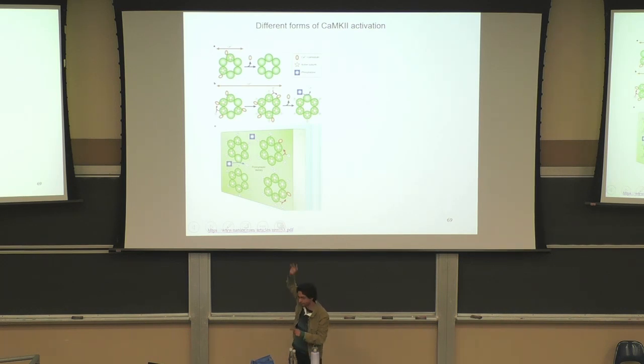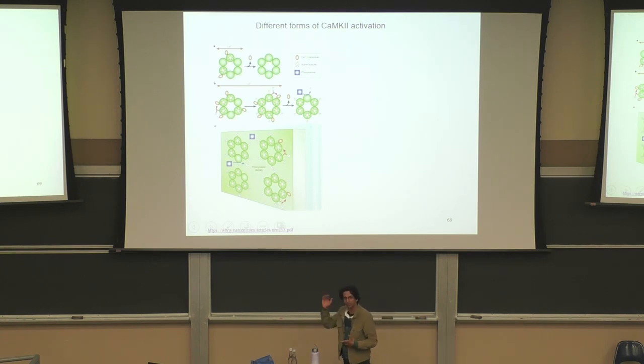The square blue proteins are phosphatases, which remove the phosphates, inactivating each subunit of the CAM kinase 2 complex. So there's always some kind of push-pull tug of war between should we strengthen this synapse or weaken this synapse. Sometimes one of them wins, sometimes the other one wins.